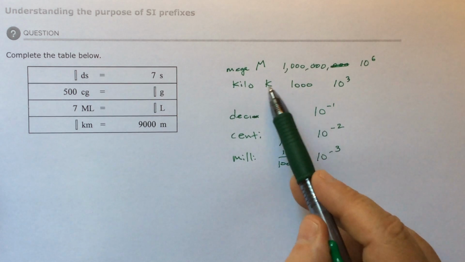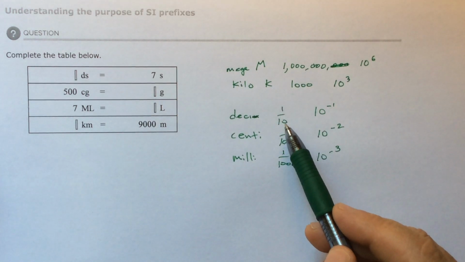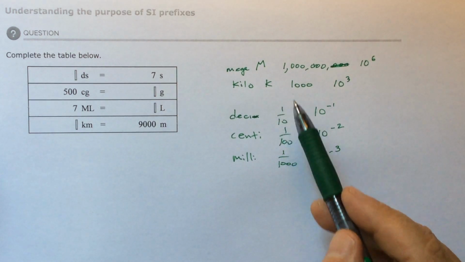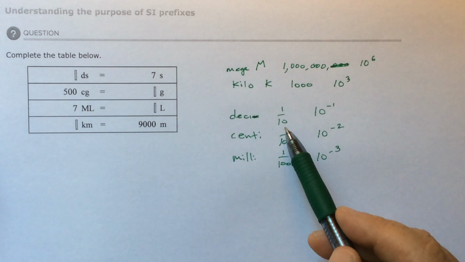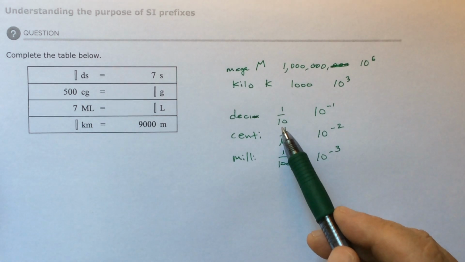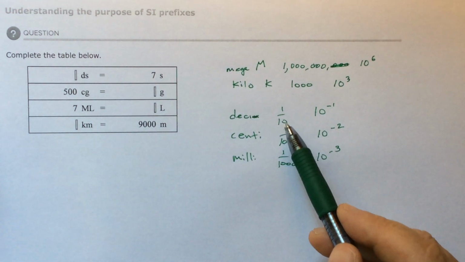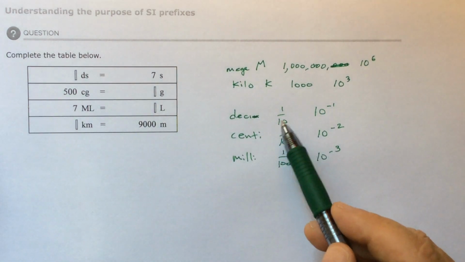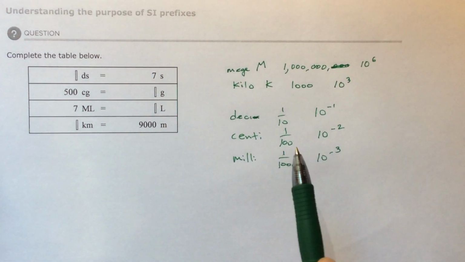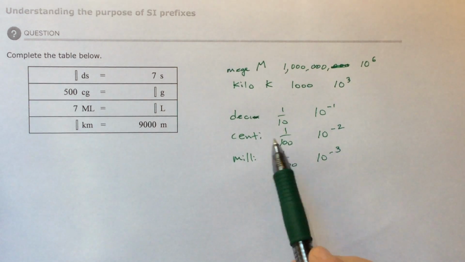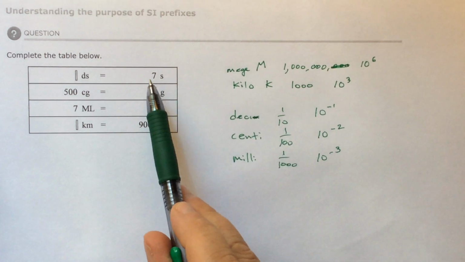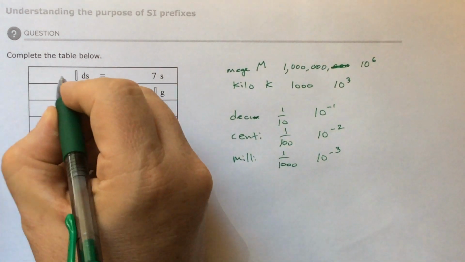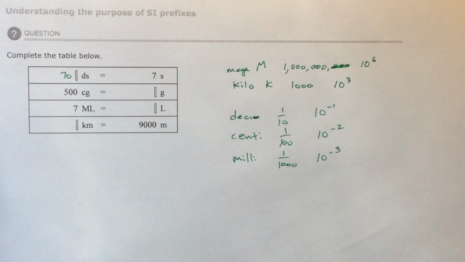A decisecond is smaller. There are 10 deciseconds in every second. So I've got 7, and that's going to be 70 deciseconds.